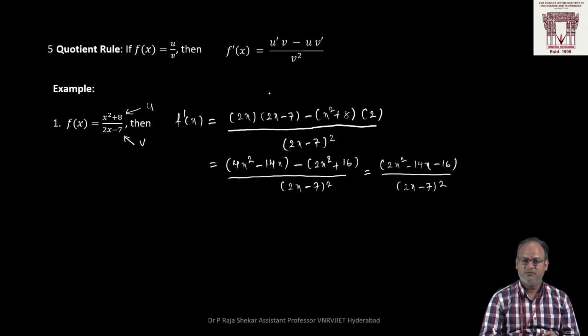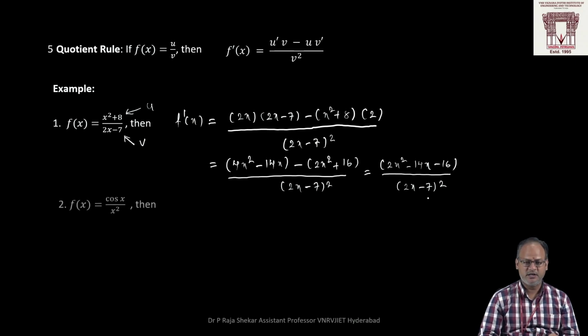As per the formula, u dash, the derivative of the numerator x square plus 8, is 2x, into v, which is 2x minus 7, minus u, which is x square plus 8, times the derivative of the denominator, which is 2, over the square of the denominator, 2x minus 7 whole square. Simplifying, we get 2x square minus 14x minus 16 divided by 2x minus 7 whole square.